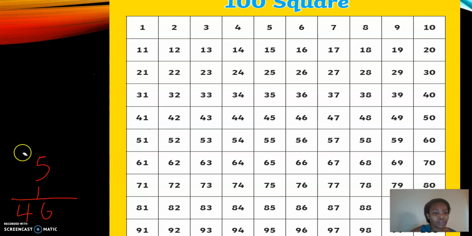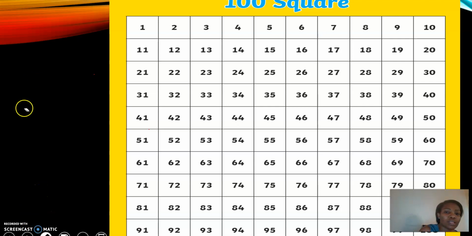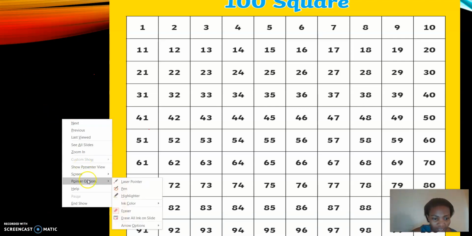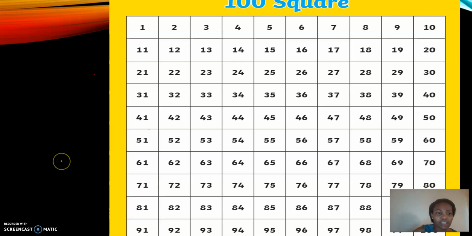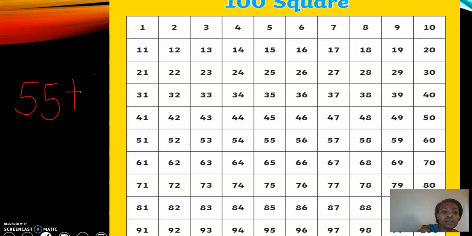Okay, so let's try 20. Oops, I still have my eraser. Eraser cannot write, can it? Okay, so let's see which number. Let's go for 55 plus, let's say, 12. Okay, so now we have two digits being added. We can find it here.